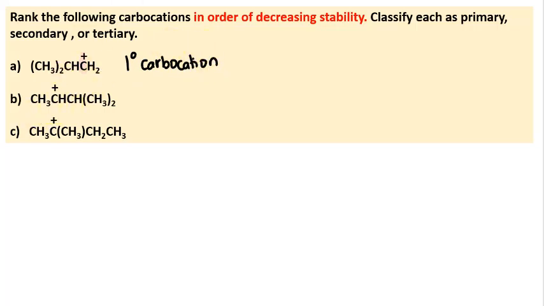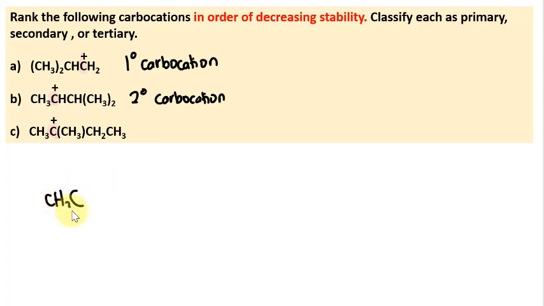For compound B, this carbon has two carbons attached to it, so it is a secondary carbocation. And then for the last compound, since it is in a condensed structure and we have a bracket here, it is better for us to open the structure first.